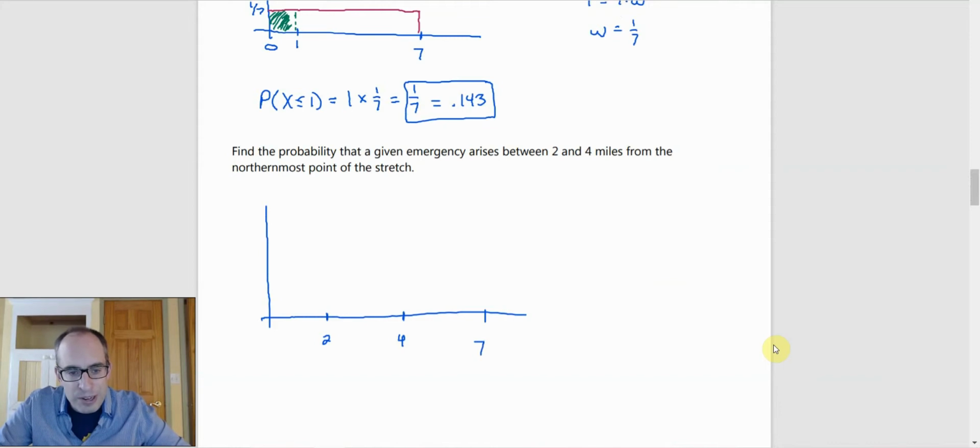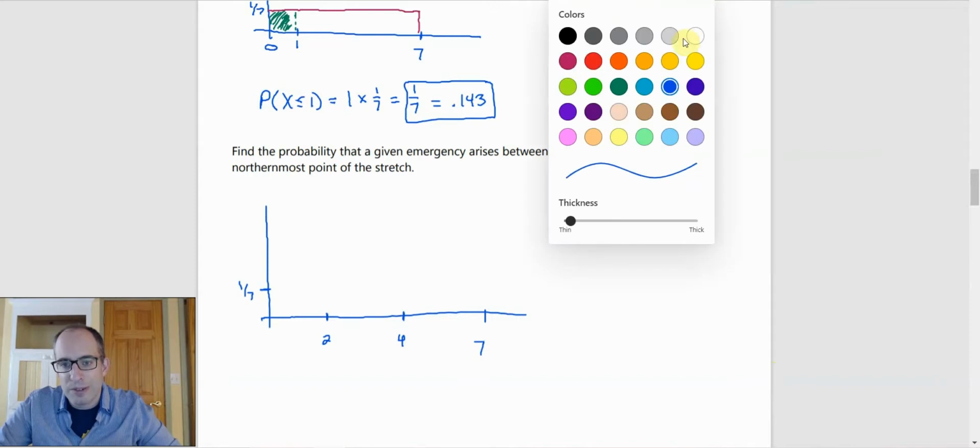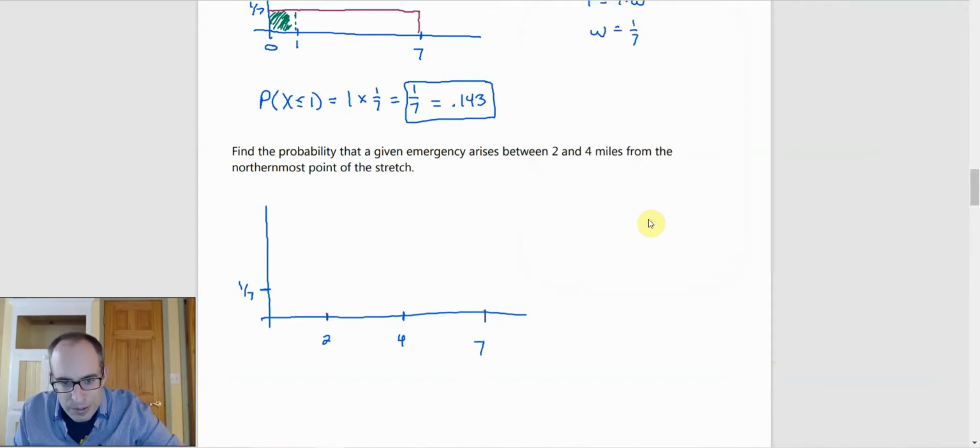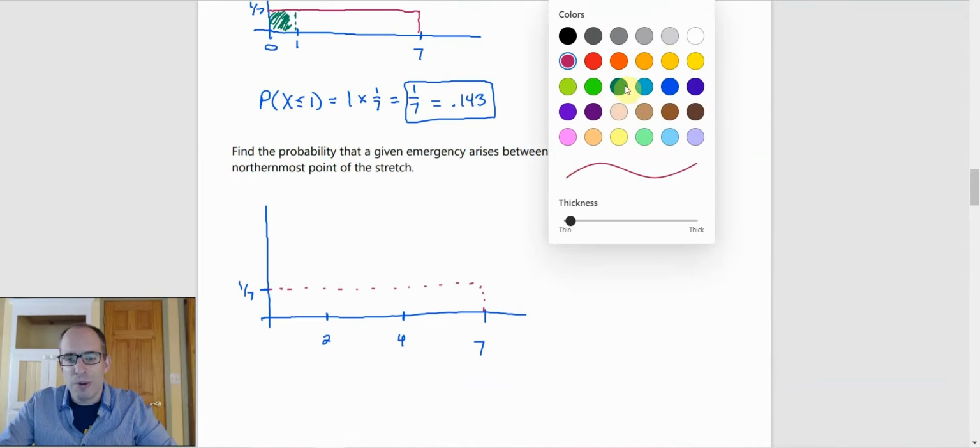We already know what the height is, right? That's 1/7. And then, all right, so I guess I can draw in everything that we had before. All right, so then the rectangle that would be the uniform distribution, we can make that. There we go. And we need between 2 and 4.